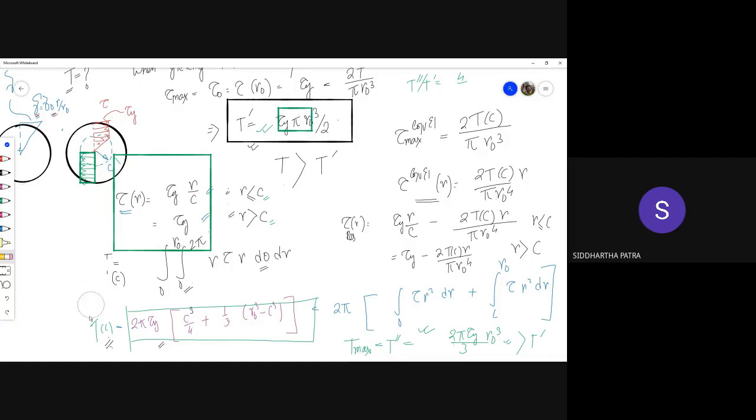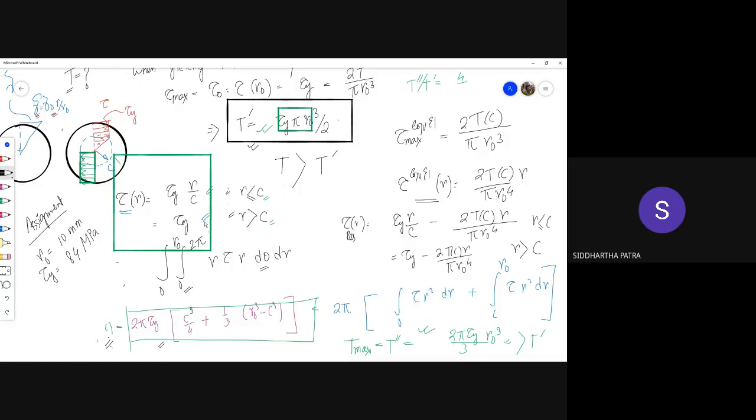Okay, and this is your assignment. R equal, let's say, 10 millimeter. Tau y, let's say, 84 megapascal. R0 is 10 millimeter. This one is 84 megapascal.